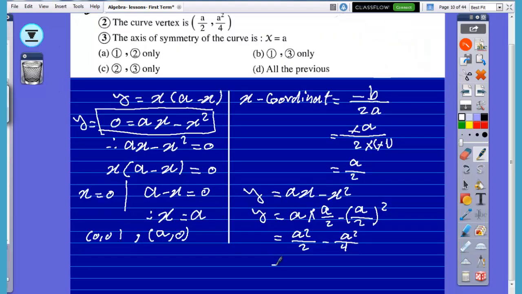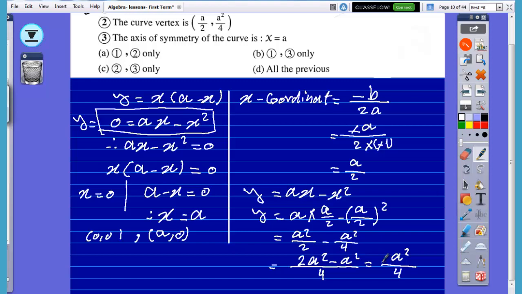The lowest common multiple of the denominators is 4. 4 divided by 2 is 2, 2 multiplied by a square is 2a square, minus a square, so the result equals a square over 4.